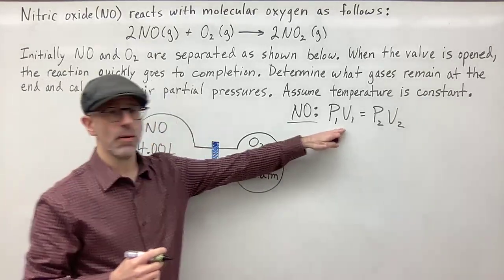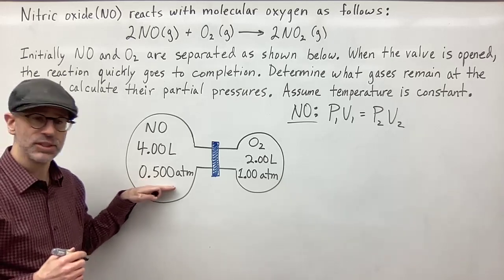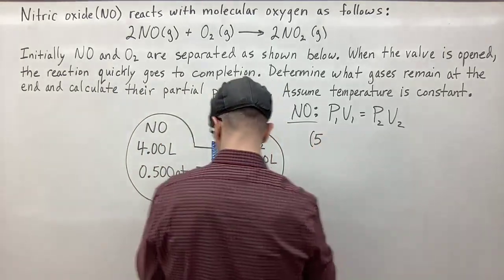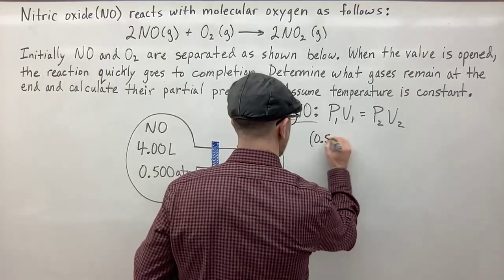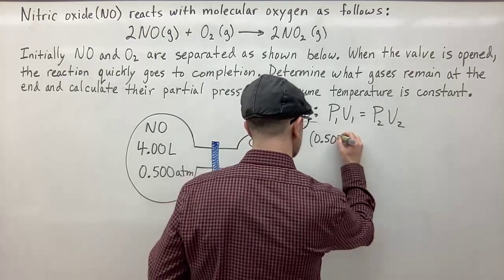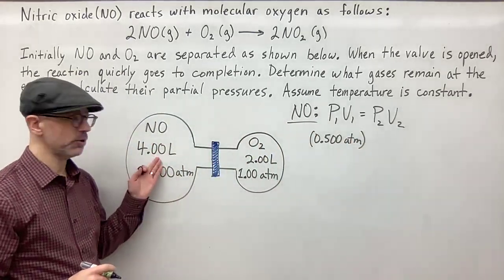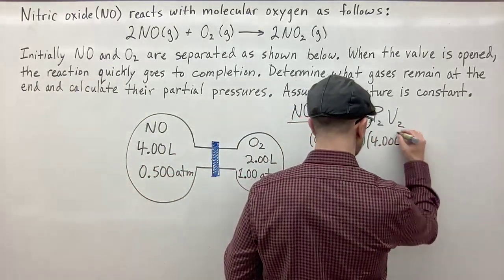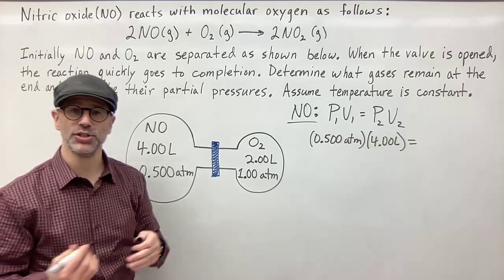The initial pressure is 0.500 atmospheres, so that's going to be our P1, and our initial volume is 4 liters. And that's going to be equal to P2 V2, our final pressure and volume.